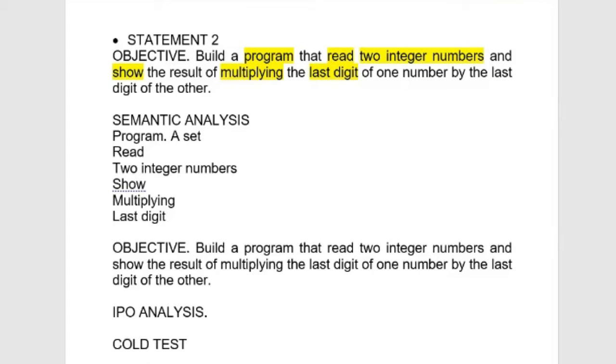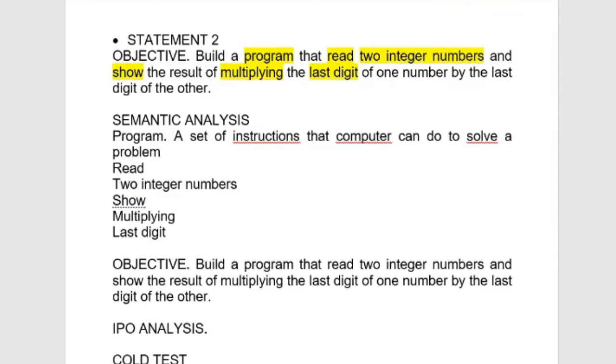What is a program? A program is a set of instructions that a computer can do to solve a problem. Okay? What is read? In terms of computer programming, read is receive a data from the keyboard. Two integer numbers, what is that?